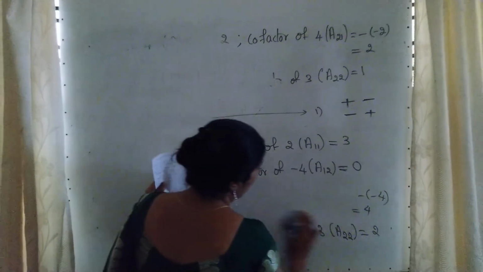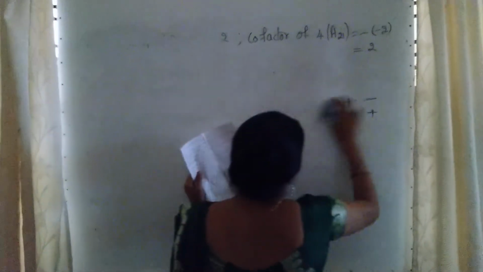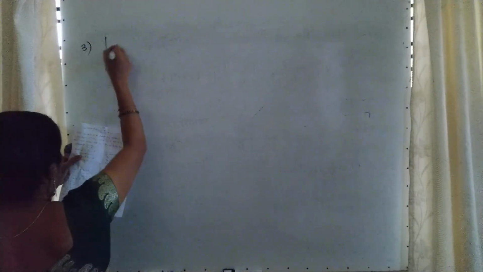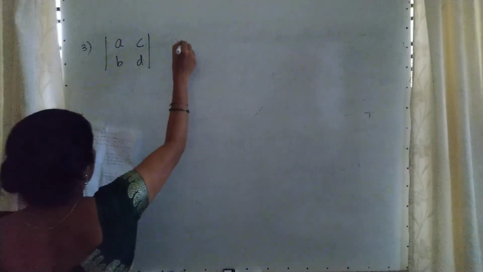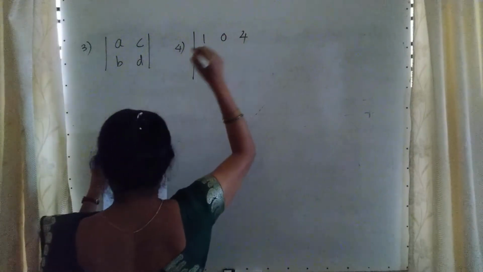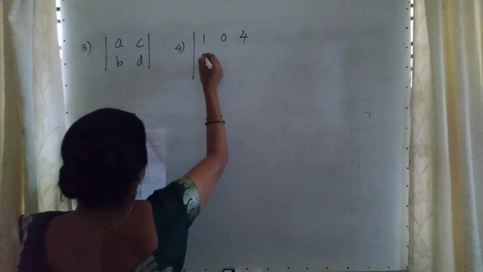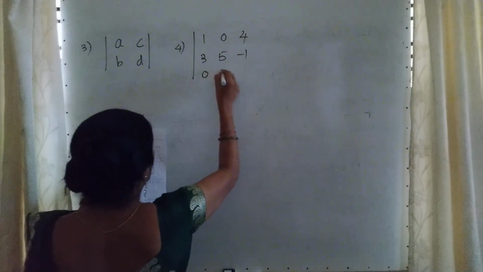Now I am giving you 2 questions as an assignment. That is homework for your practice. Third one, A, C, B, D. Fourth one, 1, 0, 4, 3, 5, minus 1, 0, 1, 2.